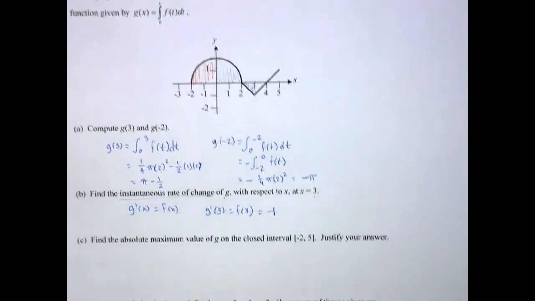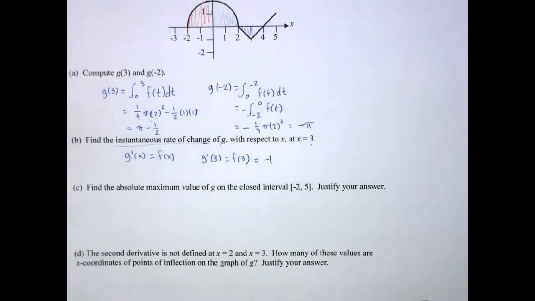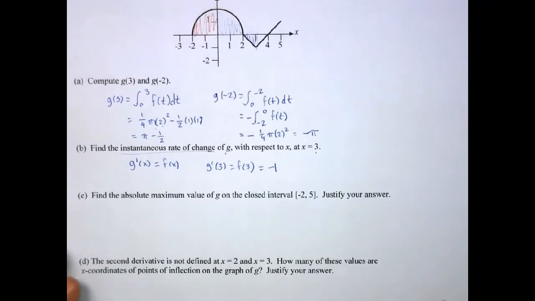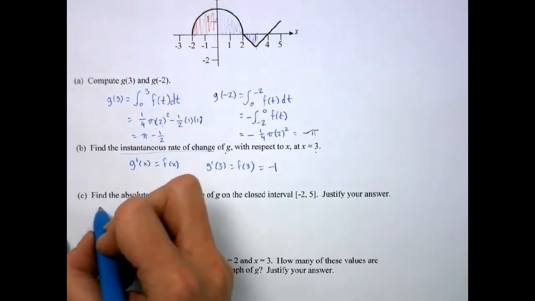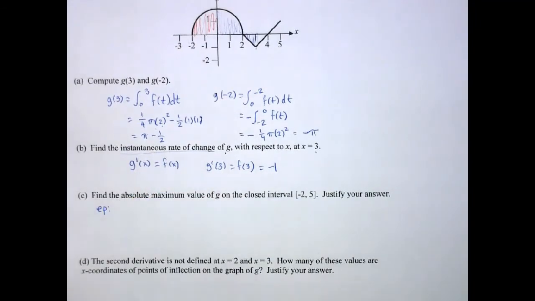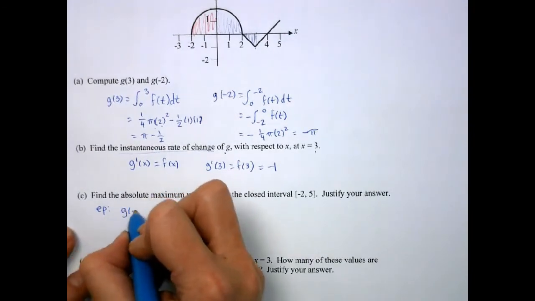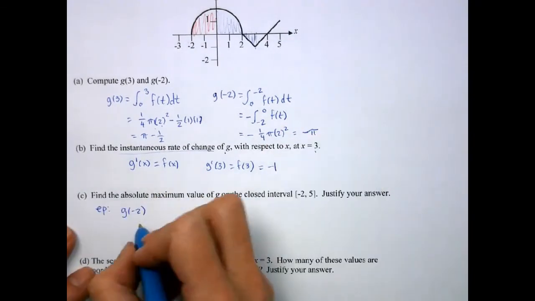Okay, find the absolute maximum value of g on the closed interval [-2, 5]. Justify your answer. The justification is the work in that I'm deciding I need to do our candidates. So my endpoints, g of -2, we already did, was -pi.